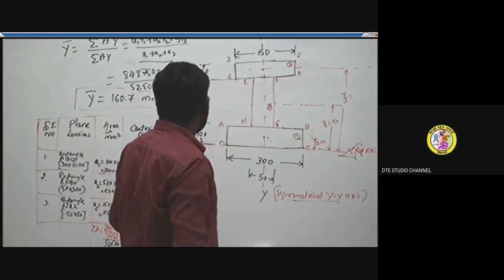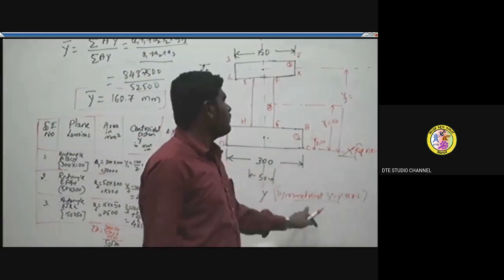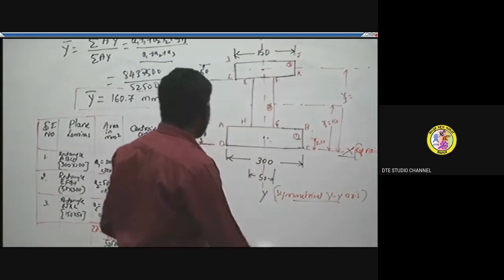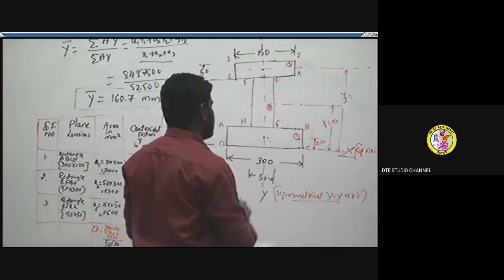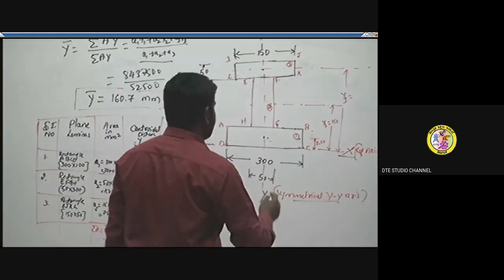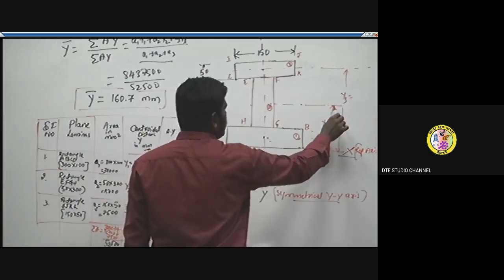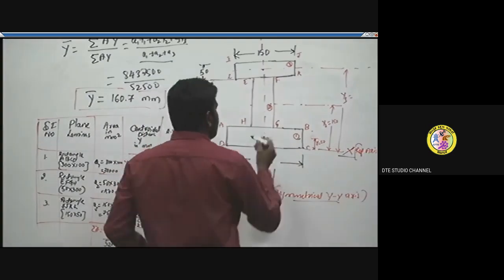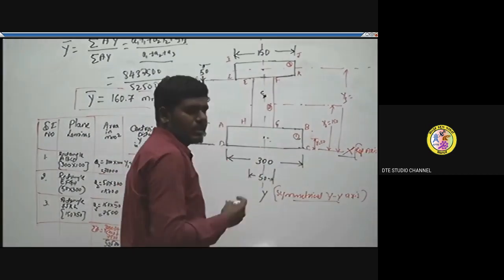No need of the x coordinate because this is symmetrical about the y axis. The point will be lying on this y axis only. Just locate the 160.7 from this reference axis xx. So this is 150 from here, y1 y2, so just above somewhere here, 160.7. This is the point C, our center of gravity, our centroid.